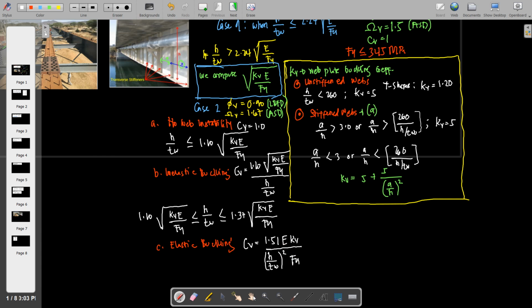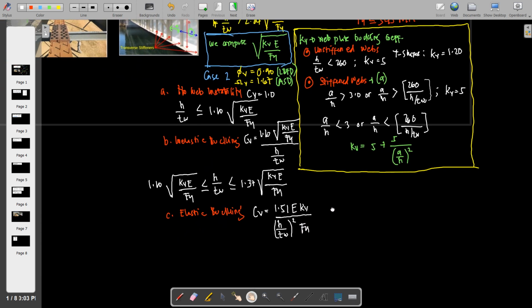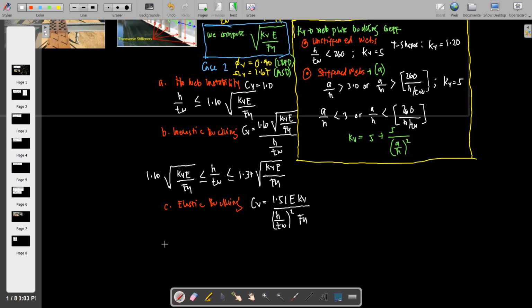So, we have a more complex formula for CV. So, this is the condition na yung H over TW mo lalampas na sa upper limit defined in letter B case. Ito yun. Then, we use this calculation.